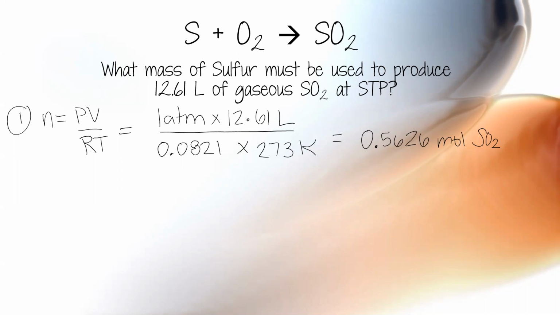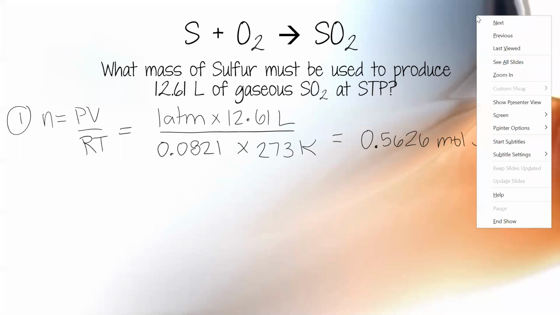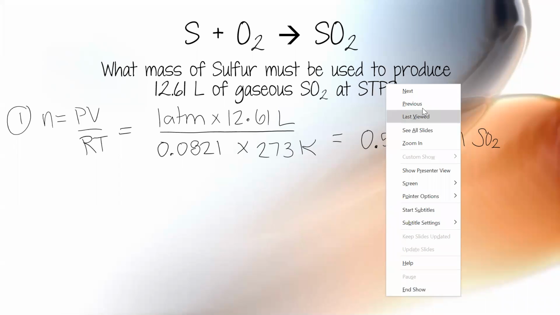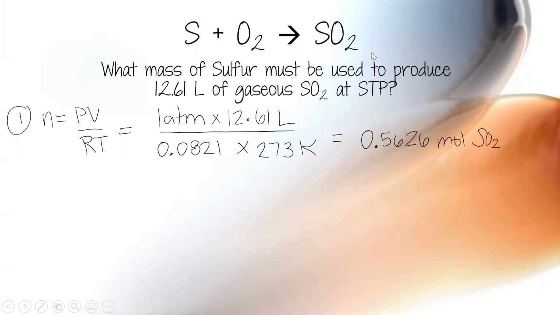So standard pressure 1, standard temperature 273 Kelvin, volume V within the problem, and R is a constant. So I got about 0.5626 moles of sulfur dioxide. I went from liters of sulfur dioxide to moles. If you round to 0.56, okay, I guess. Try not to round it to 0.6 only. Don't overround, okay? It's going to mess up your decimals at the end.